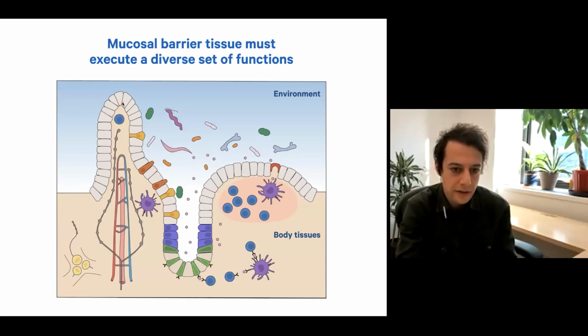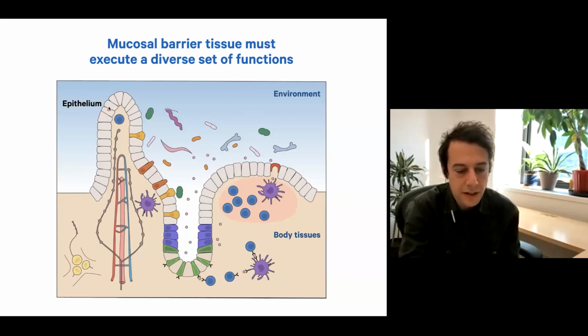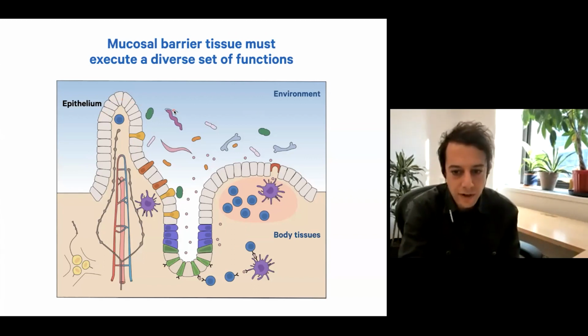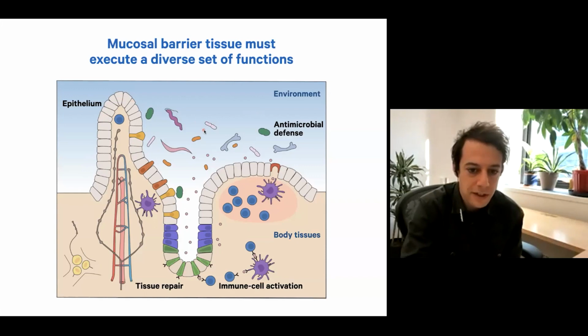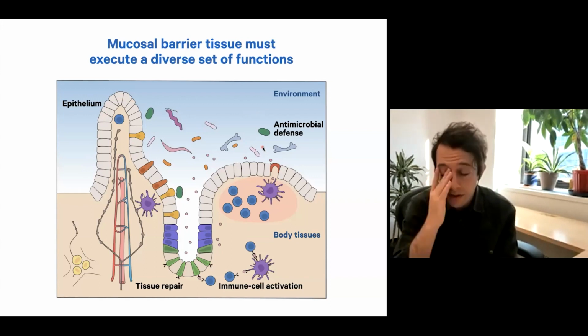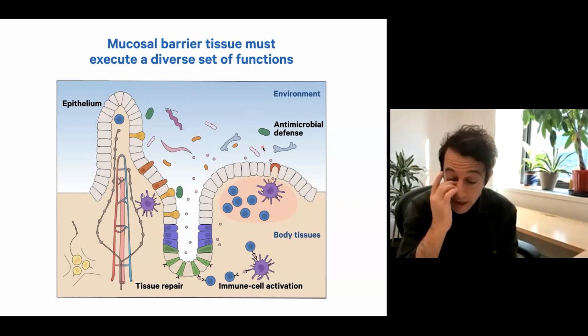So this is the sort of villus protruding into the intestinal lumen or the environment, and this is the crypt. But most importantly, this is the epithelium. So these are the wall of cells, the main function of which is to prevent entry of noxious substances and microbes into the body. But they also serve many other functions. They can directly mediate antimicrobial defense by producing antimicrobial peptides.